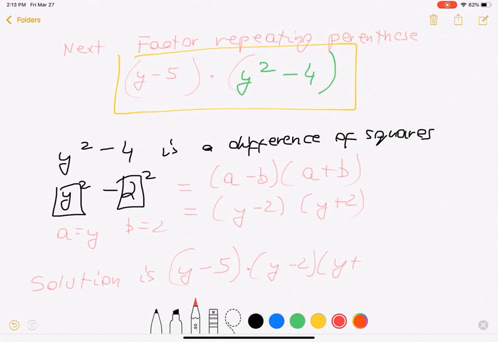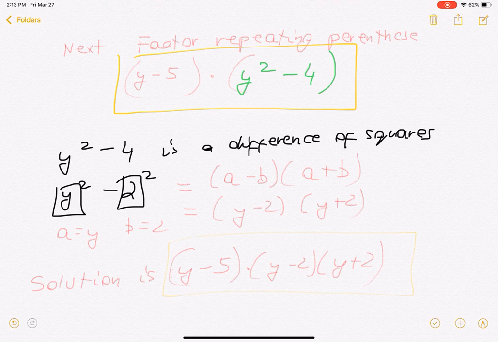This is our final answer. Now we factor completely. Okay, so this is the solution.